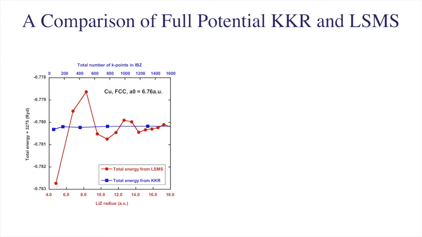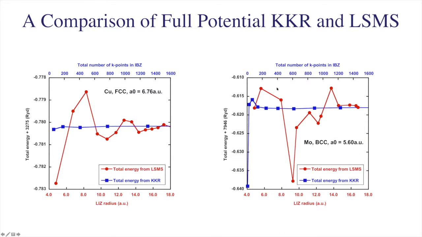We did this LSMS approach because it made this kind of approximation, so we compare with the exact solution, which is the KKR solution. You can see how big the local interaction zone needs to be for the two solutions to be the same, which tells the size of the local interaction zone.